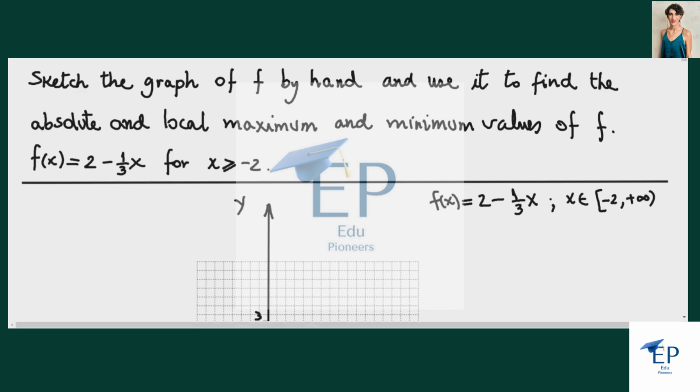Let's sketch the graph of the function f of x equal to 2 minus 1/3 times x for x greater than or equal to -2, and we will use that graph to find the absolute and local maximum and minimum values of the function.